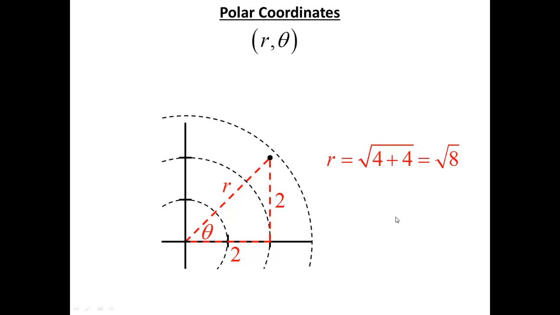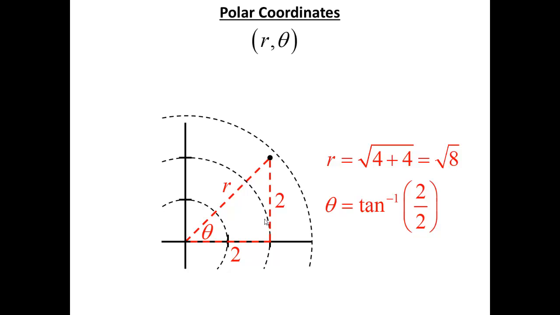Then I can figure out the angle using any one of my trig functions, sine, cosine, or tangent, but since I'm given x and y, the most efficient way to find the direction angle, just like with vectors, is the inverse tangent of y over x. Again, I always have to make sure I check which quadrant I'm in in case I need to make any adjustments. If I'm in the first quadrant, no adjustments are necessary.